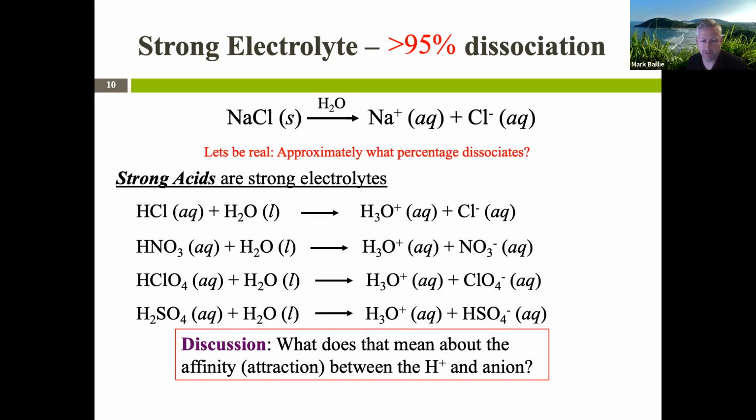All right, I'd like to hear from someone in Josh's breakout room. What discussion did you have about being a strong acid and how attracted those two things are to each other? Josh can nominate if he wants. Jay, Nick, or Alexandria, do you want to go, or do you want me to?